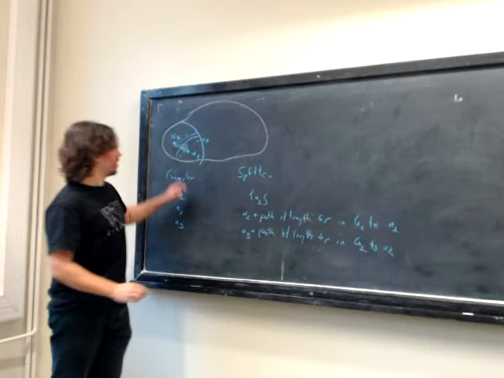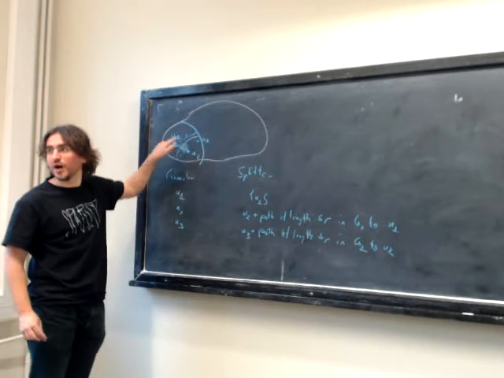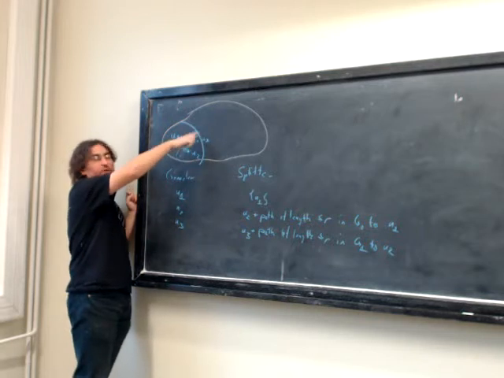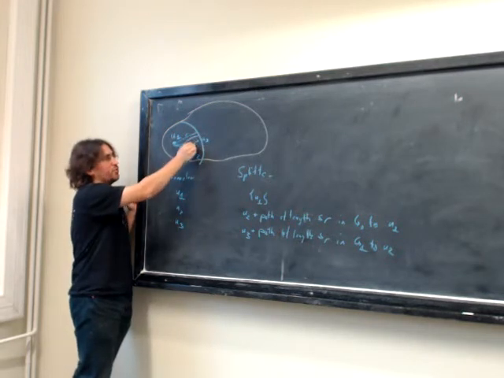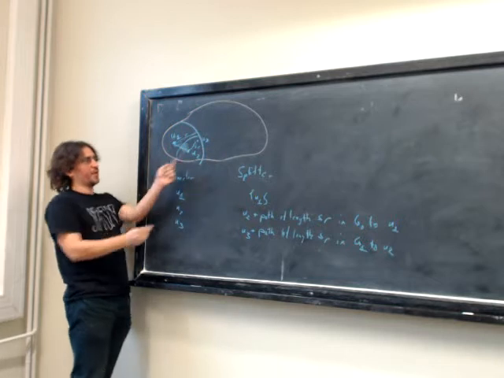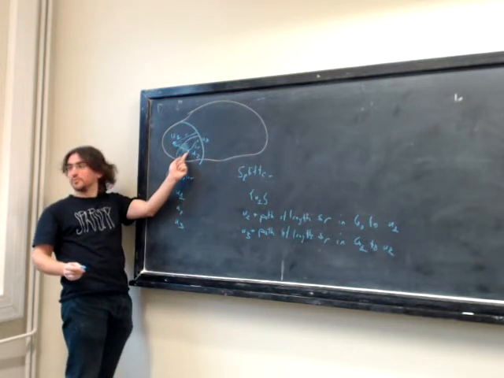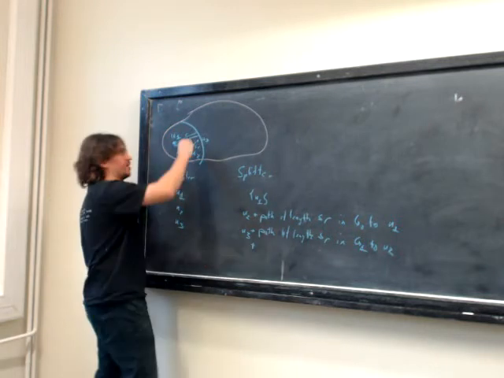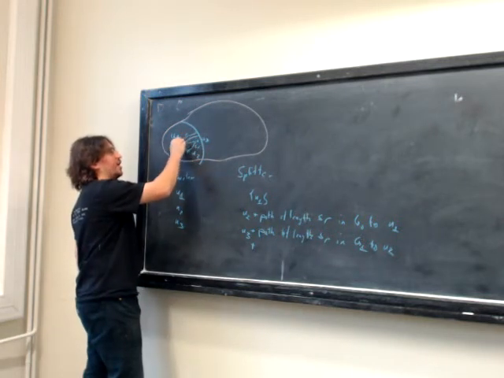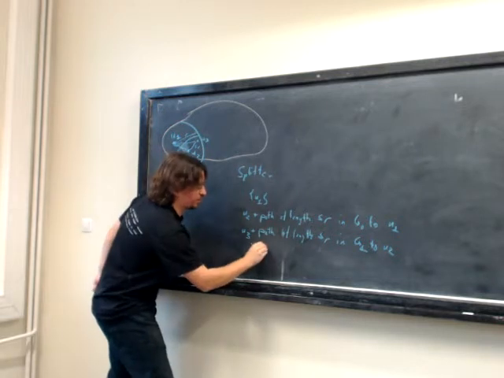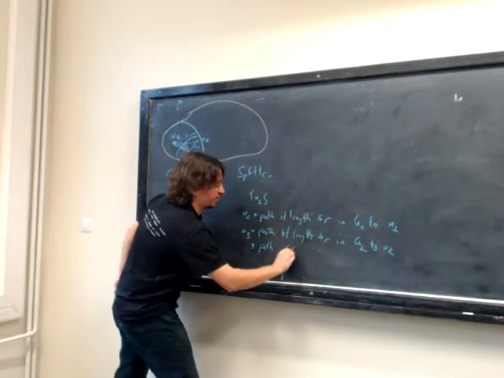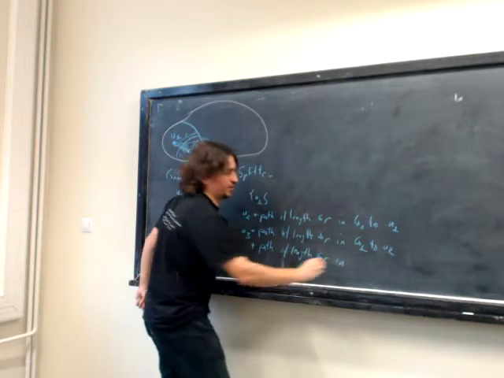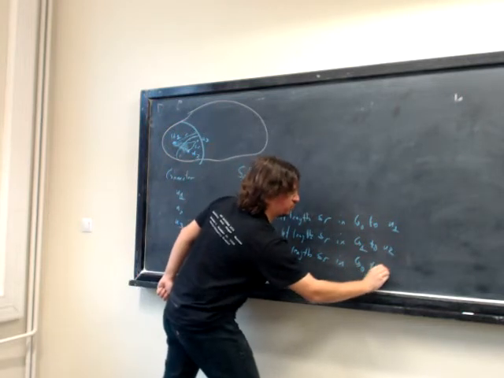Because when u2 was picked in G1, the arena got restricted to a ball of radius r, which means that in G1 there was a path of length r to u2. And similar to the first step, I also remove a path of length at most r in G0 to u1.